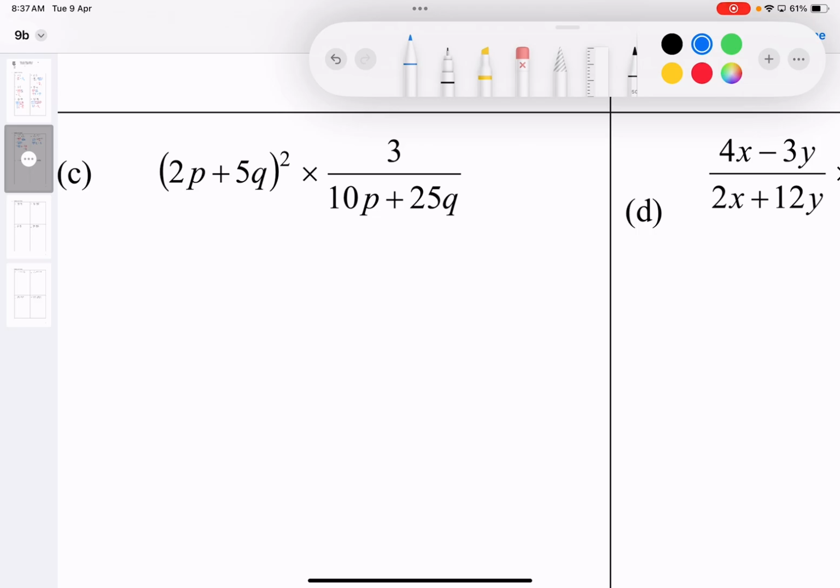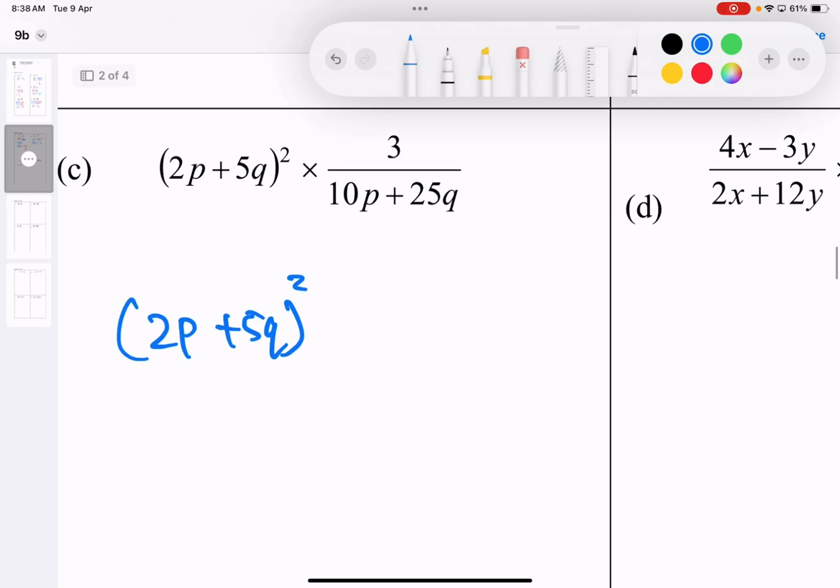I see 2, this has a plus. Can I factorize anything out from here? Maybe not, because this is a 2, this is a 5, there's nothing common. But here, can I factorize anything out? Let's take a look. I know that this 2p plus 5q, I cannot factorize out.